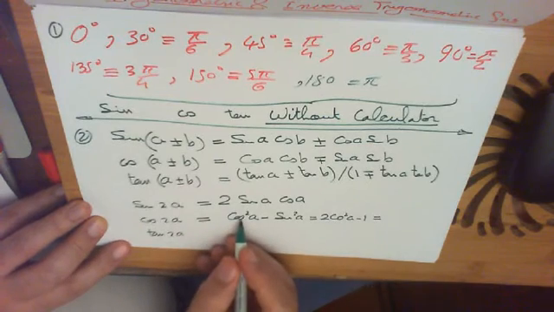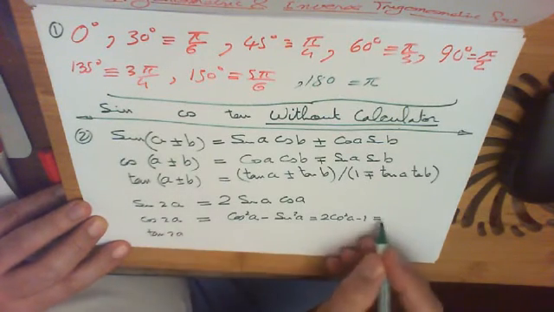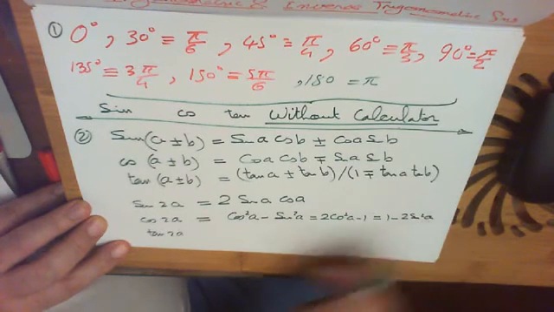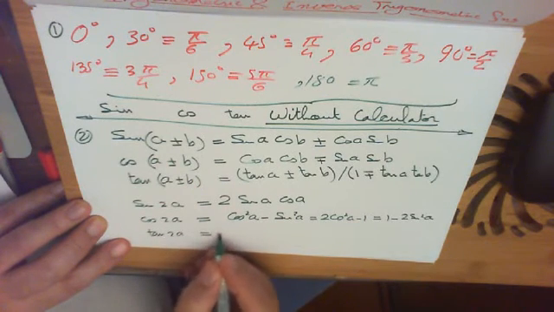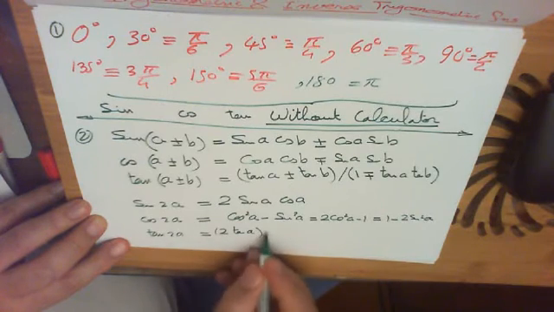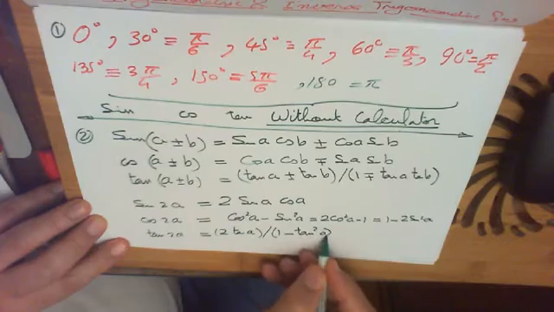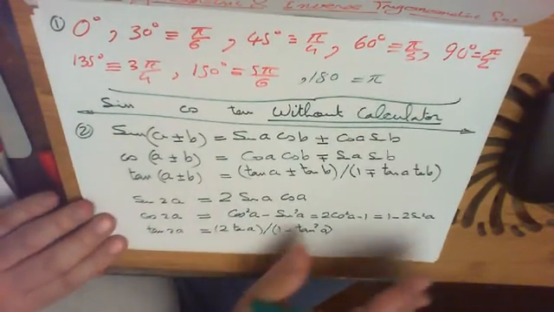Or replace cosine squared by 1 minus sine squared to have 1 minus 2 sine squared A. In case of tan 2A, we have 2 tan A divided by 1 minus tan squared A. This is the second thing you have to keep carefully and put in your mind.